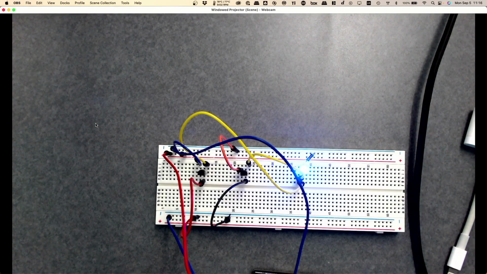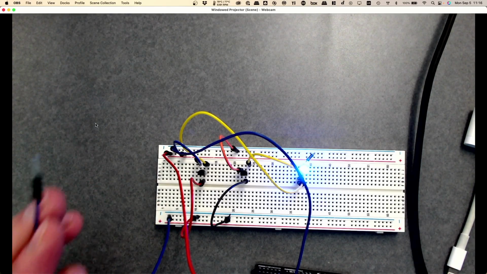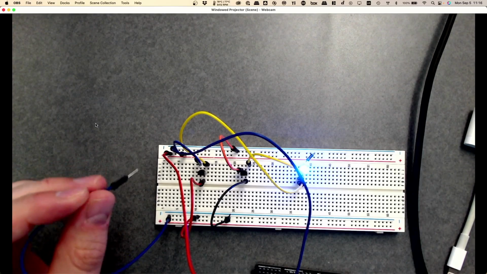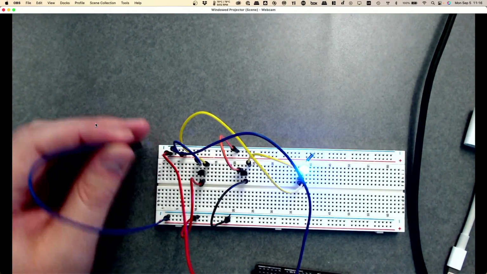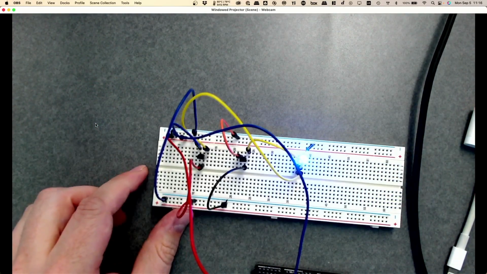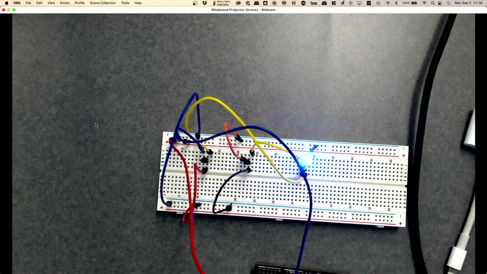What I'm going to do is take pin 2, this wire, which I removed from the Arduino, and if I connect this input to ground, what is the light doing? Staying on. So my input is off, but my output is on.